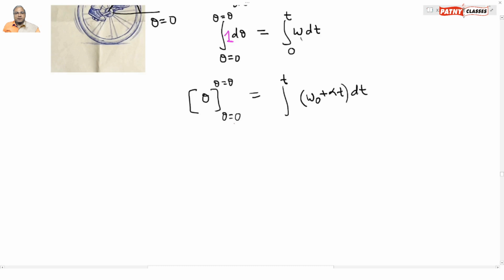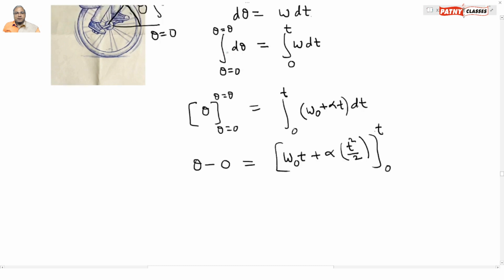And in place of omega, we can write omega naught plus alpha t, that is nothing but the first equation of rotational motion. Here integration of 1 d theta is theta and limits are 0 to theta, so applying upper limit minus lower limit.